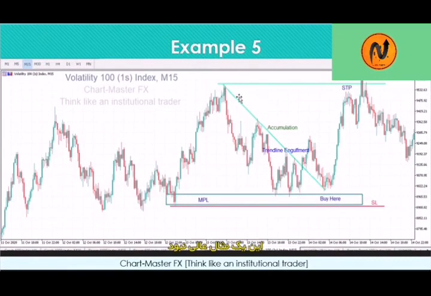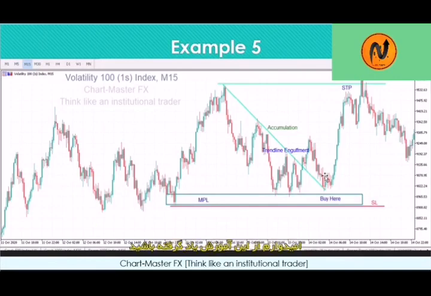So this was not a perfect example, but it was kind of a gamble thing. However, it actually met all the conditions. Only this condition of second accumulation did not occur very well. So yeah, guys, that's it on the flip trend line.